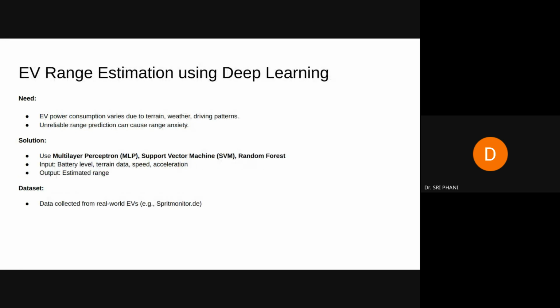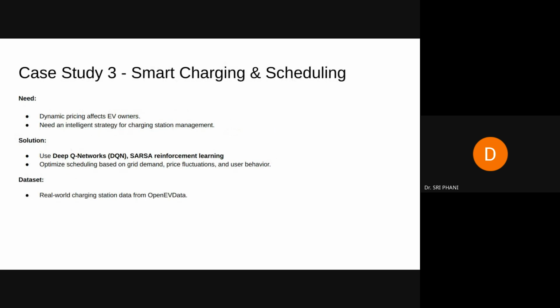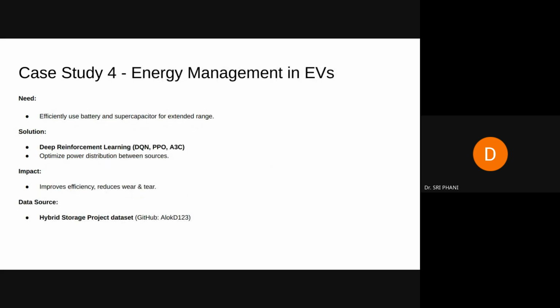We considered real-world data sets for EV range estimation and battery life cycle prediction, but for smart charging and scheduling, we considered a simulation model. With the flow of these electric vehicles, what charging should be done?